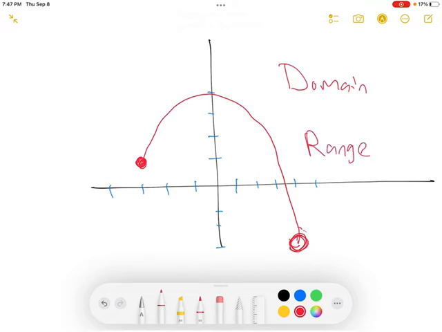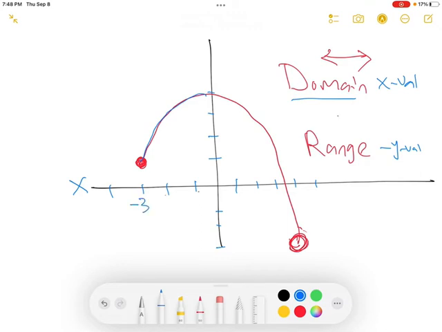So the domain is how far to the left it goes and how far to the right it goes. So let's take a little journey here. When we're talking about domain, we're talking about x values. Talking about the range, we're talking about y values. So the furthest x value here is negative 3.